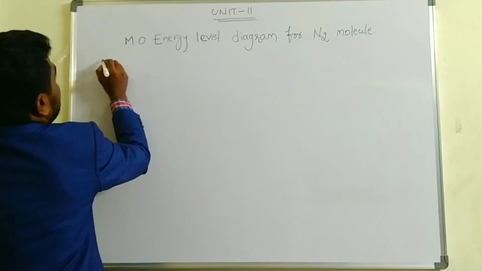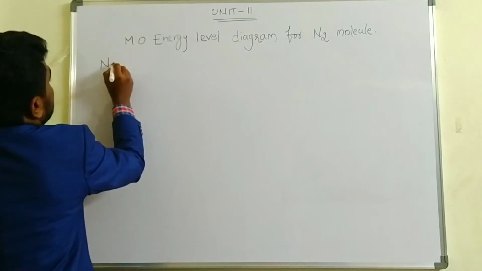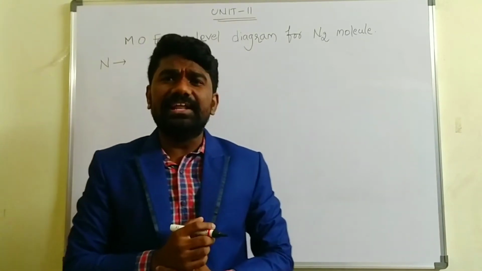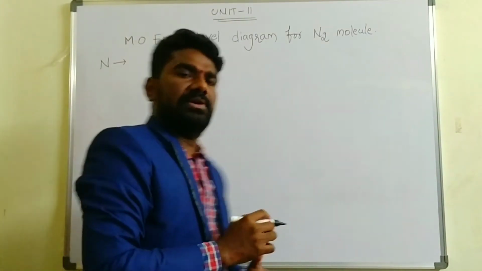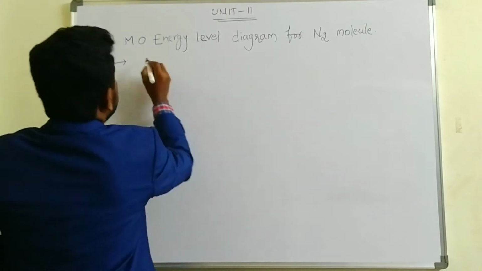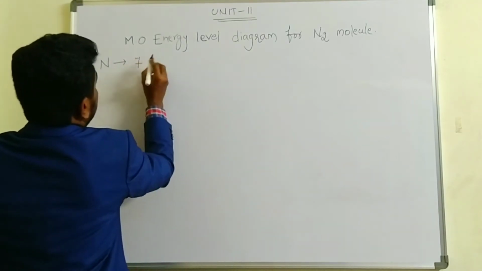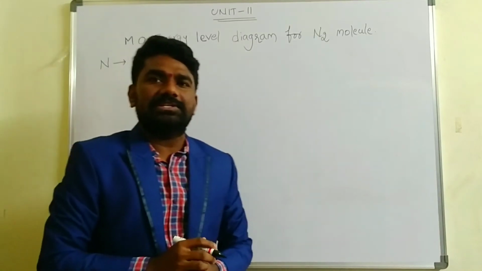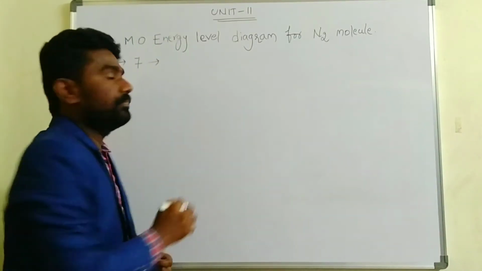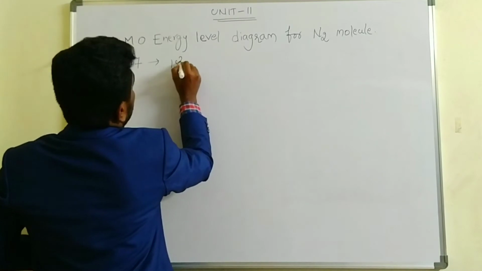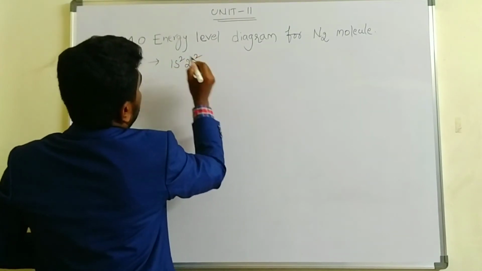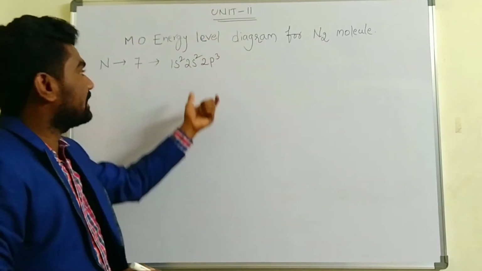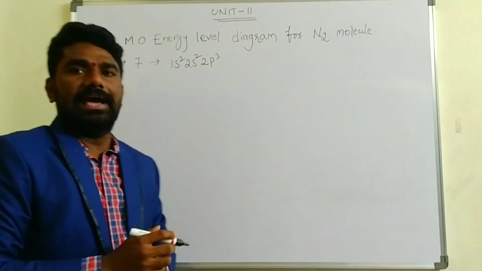So here, for a nitrogen atom, what is the atomic number? The atomic number of nitrogen is 7, isn't it? So what is the electronic configuration for a nitrogen atom? 1s2, 2s2, 2p3, isn't it? This is the electronic configuration for the nitrogen atom.